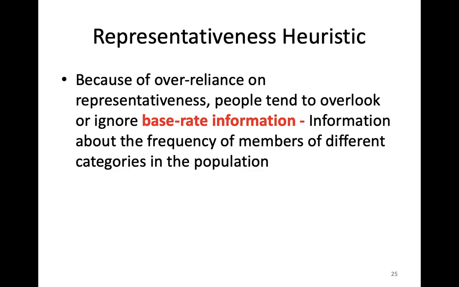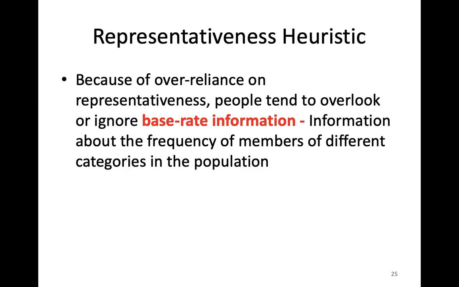So we were given the information that there are 20 office staff and 80 programmers. So there's a 20% base rate of office staff and an 80% base rate of programmers or analysts. And so that's the information that we need to use.